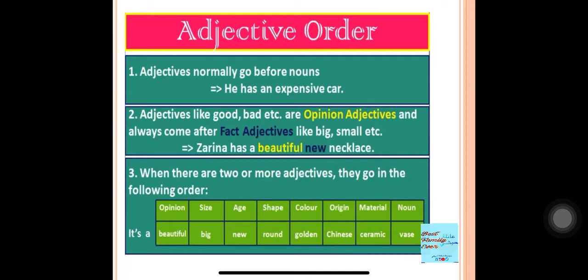You have to know that you have to write first the opinion, then the size, age, shape, color, origin, material. Okay, so you have to memorize that you put the opinion first, the size, the age, the shape, the color, the origin, and lastly the material.